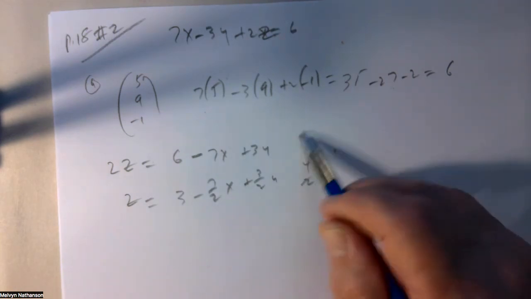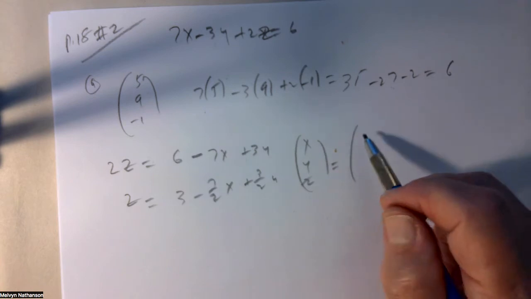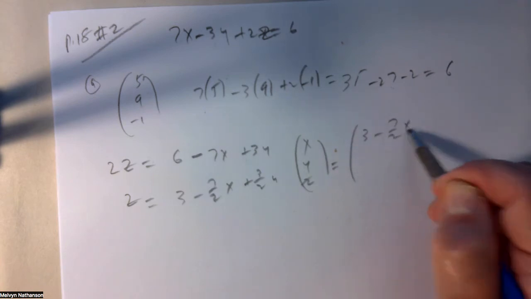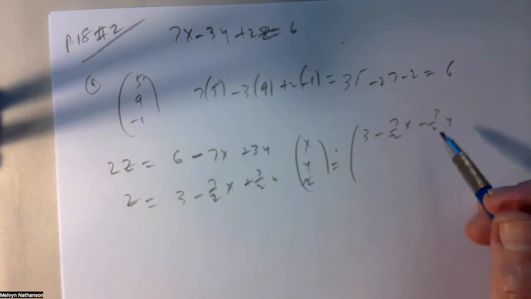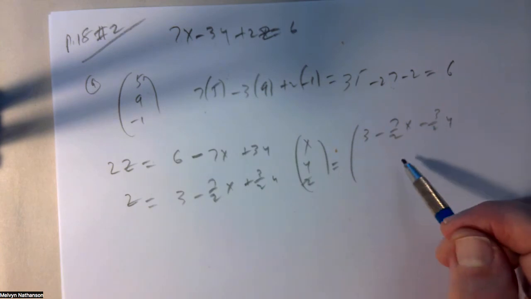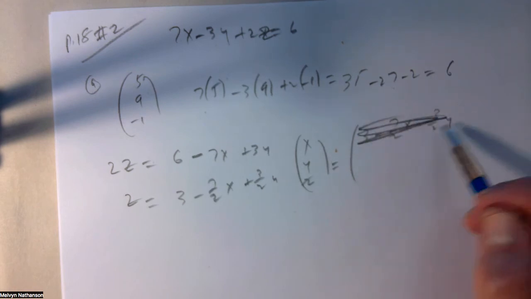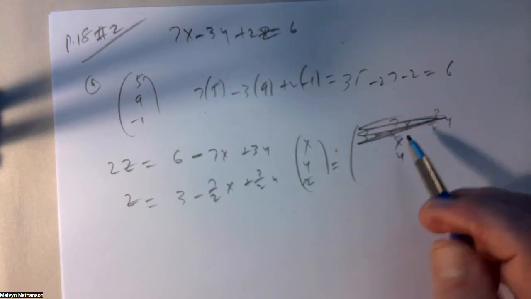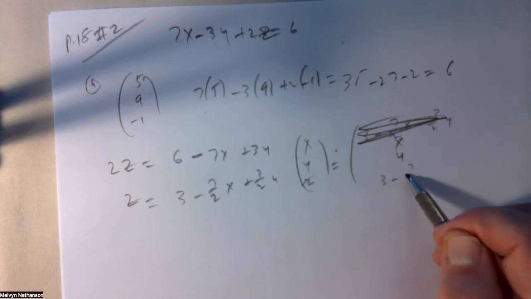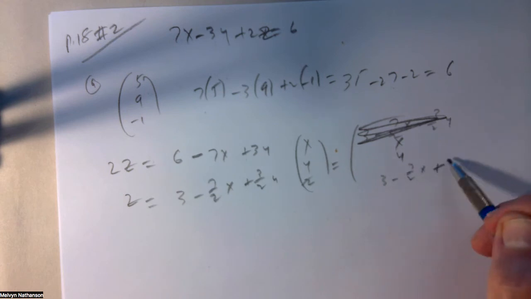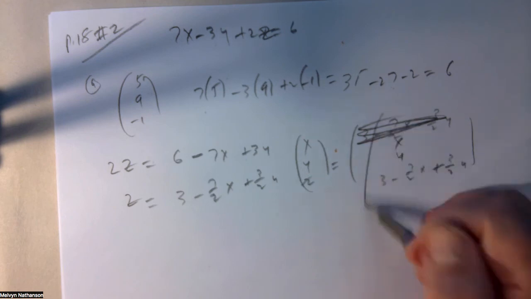So (x, y, z) is the vector (x, y, 3 minus 7 halves x plus 3 halves y).